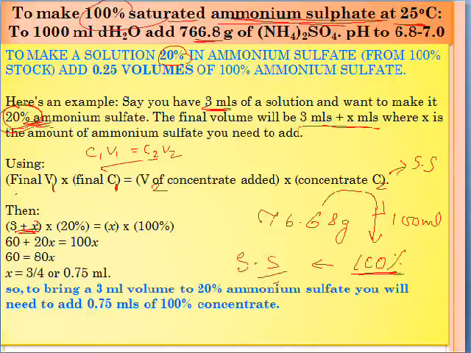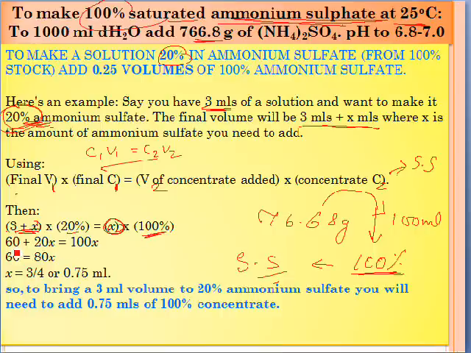Then we calculate: in place of V1 we put 3 plus X, in place of C1 we put 20%, in place of V2 we put the amount that we want to calculate, that is X, and in place of C2 we put the 100% saturated solution.